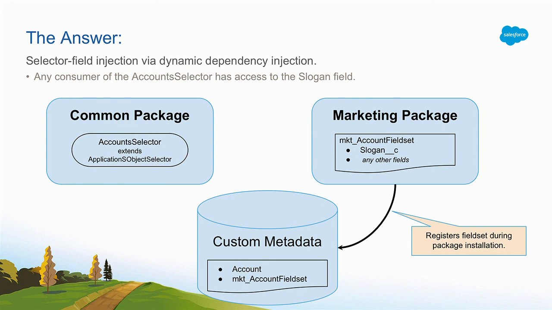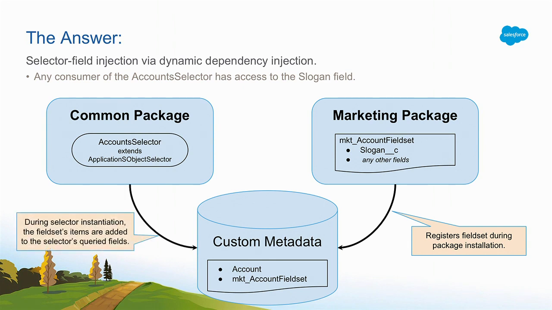Now, whenever I need to use the account selector during instantiation, well, another point here is that, as John mentioned, it also extends a class in the core library that extends an fflib SObject selector.